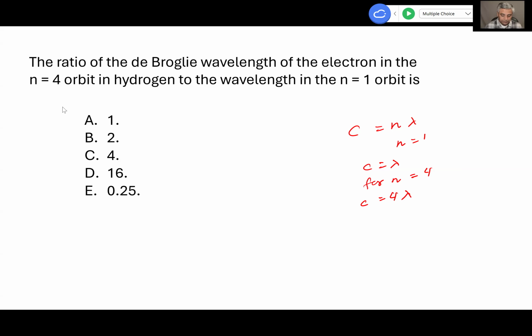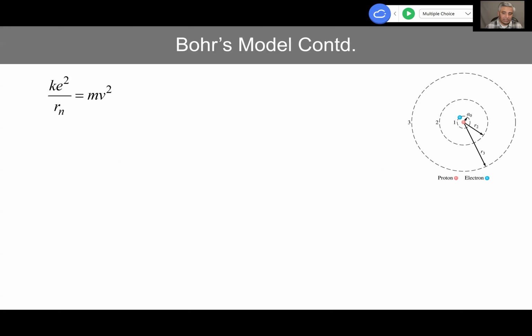So this was a little break to understand the quantum nature, how the standing wave was introduced in the atomic model for the electrons orbiting around, right? Now we're going to continue writing the equation for the energy.